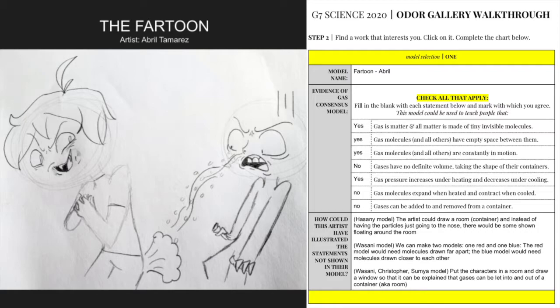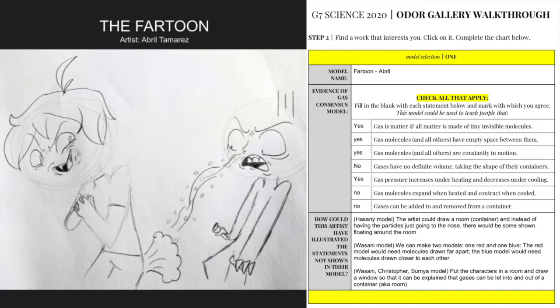For the last one, we have gases can be added to and removed from a container. So think about a container as just an area that holds gas and air. That could be as small as a jar, but a container can also be as big as a small office or a bathroom or a room.